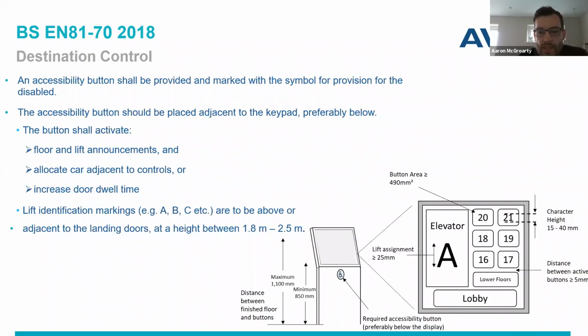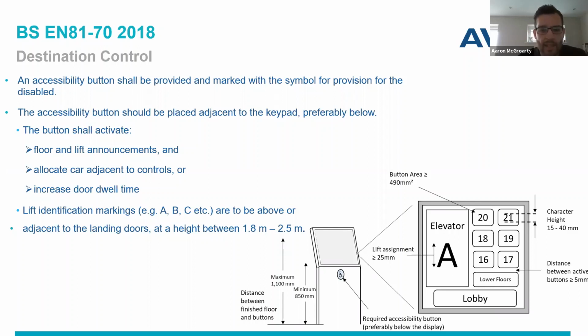Specifically for the destination control platform, you'll see that many OEMs such as Kone and Schindler have quite decent destination control systems where they've implemented nice touchscreens with integrated accessibility buttons. But there are a few things to consider when implementing this into your application.